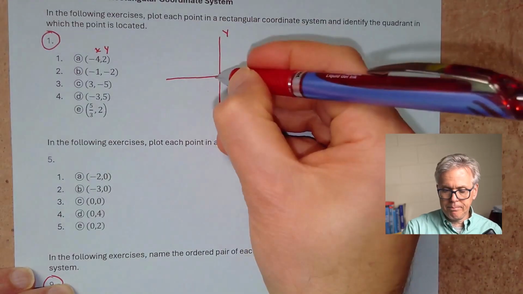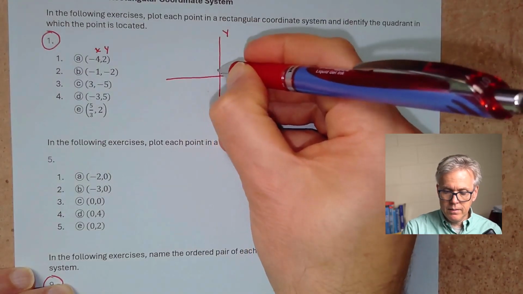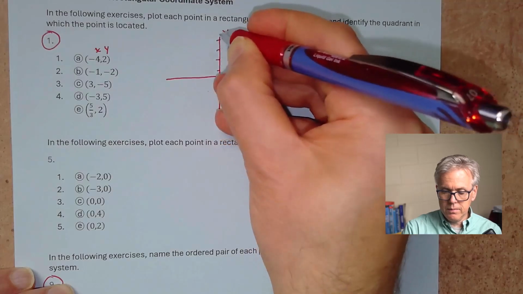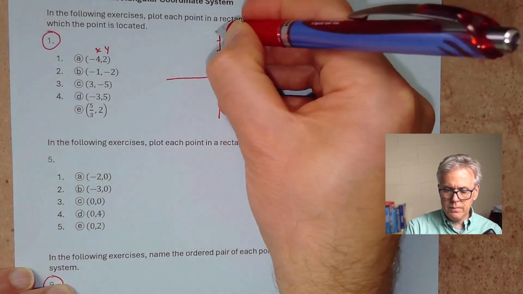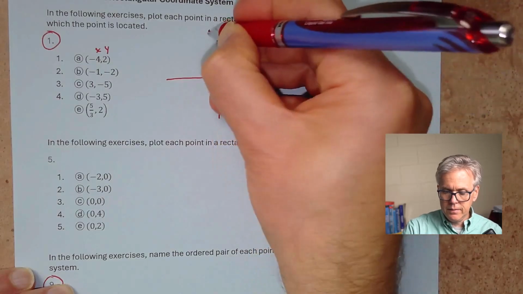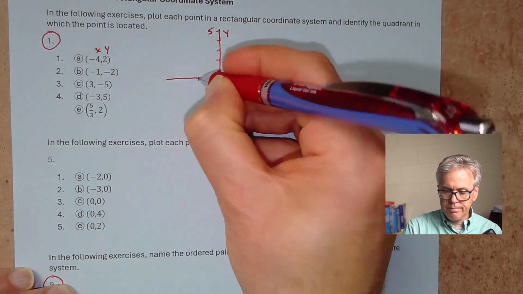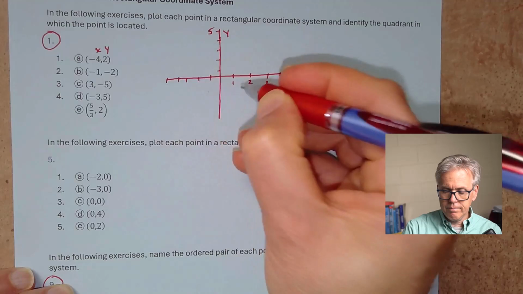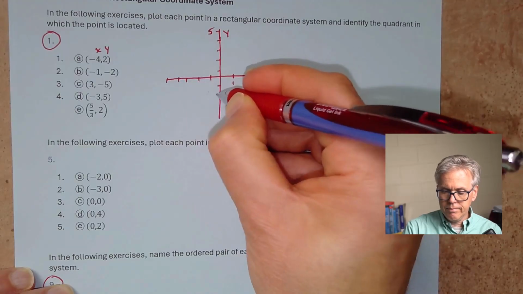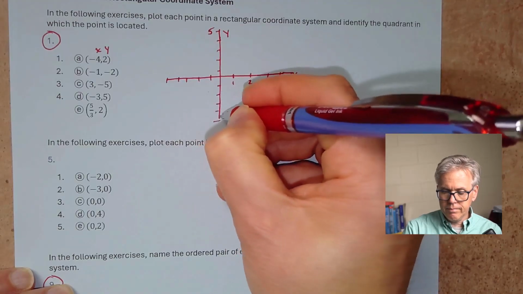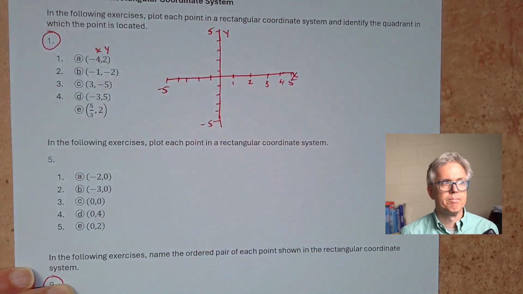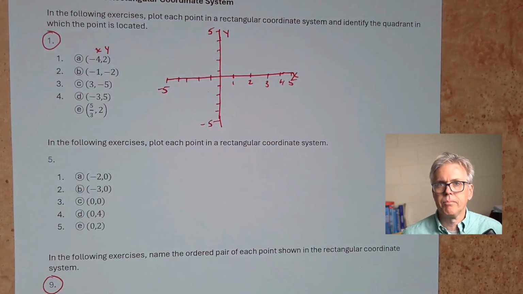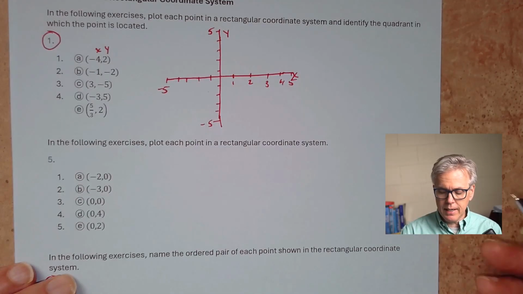A little messy, sorry about that. Okay, so I went ahead and labeled that out to 5 on both sides.